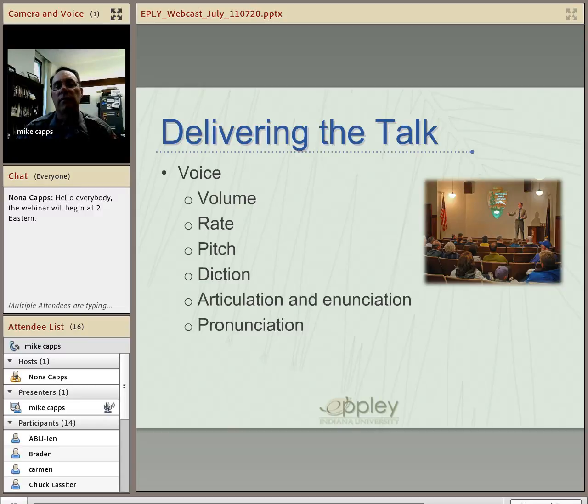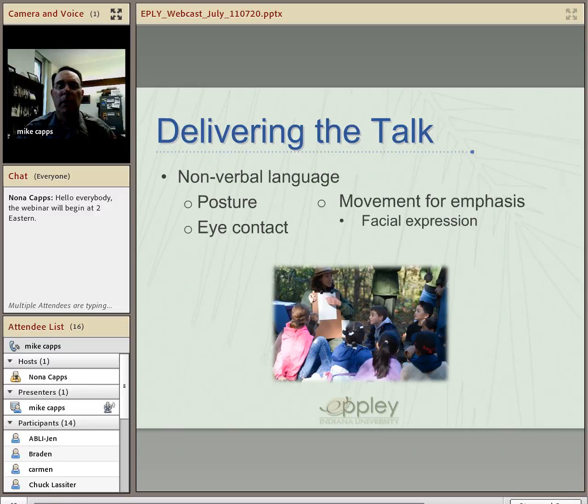I also have a bad habit that I've worked on for years and still haven't completely conquered: I tend to drop off the volume at the end of my sentences. I may have in fact even done that this afternoon. I'm aware that I do it, but I'm not always aware of it as I'm doing it. So I have to really work on that and make sure that I don't fall into that pattern.